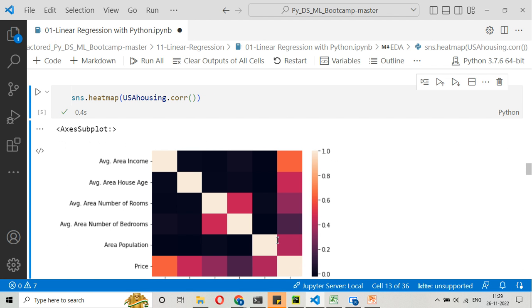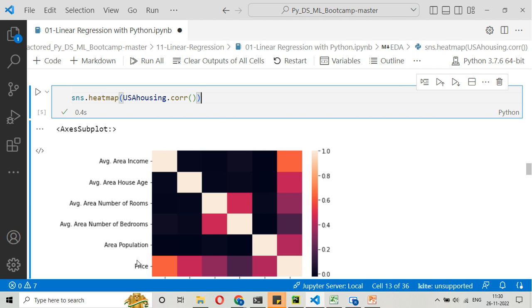Here, 1.0. It got plotted somehow. So the lighter the color, the better. Darker is worse.